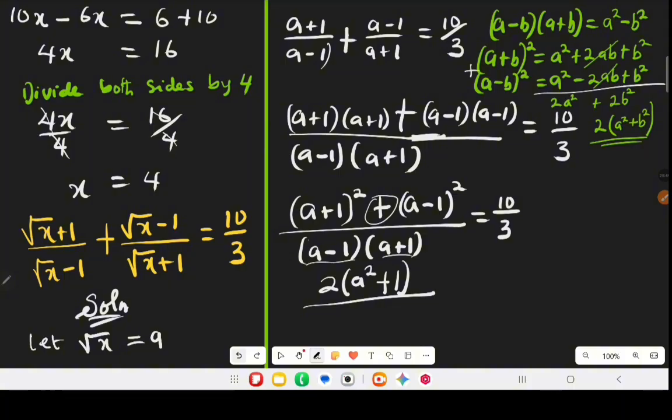Then if we apply that to the denominator, we are having denominator to be a remain a squared, then b, which represent 1, 1 squared gives us 1, equal to 10 all over 3. Now we proceed.